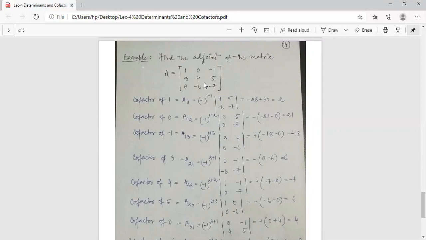To find the adjoint of the matrix, the first step is to find the cofactor of every element. First write the cofactor of the element 1.